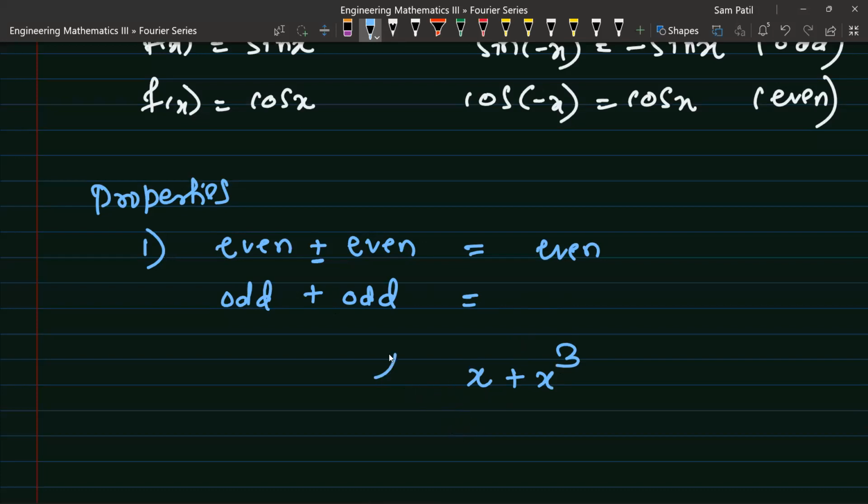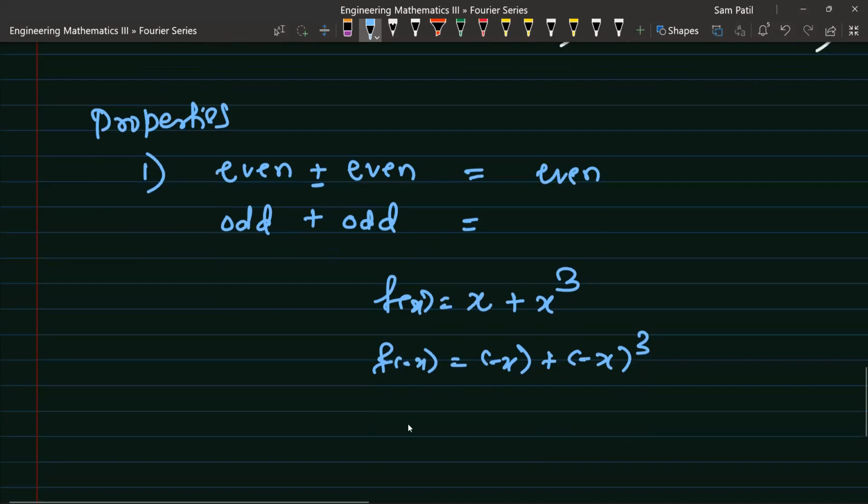If I replace x by minus x, I get f of minus x is equal to minus of x plus minus of x cube, which is minus x minus x cube. Taking minus common, minus of x plus x cube, and you get minus f of x.